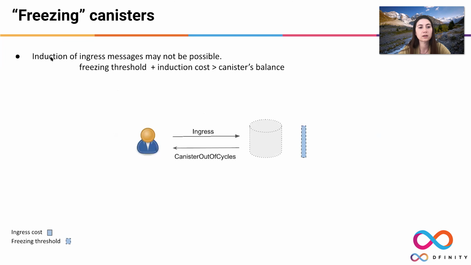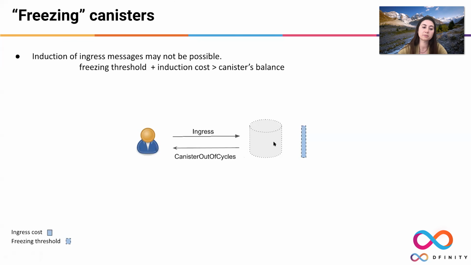In the first scenario, we try to induct an ingress message into the canister's input queue. We have here a canister which is considered to be frozen because the balance, as we mark it here, is very close to the freezing threshold. And the ingress is coming to the canister, but because of the ingress cost, the ingress will be rejected.